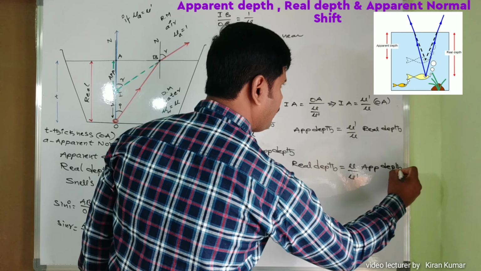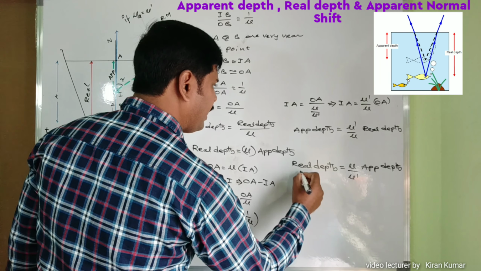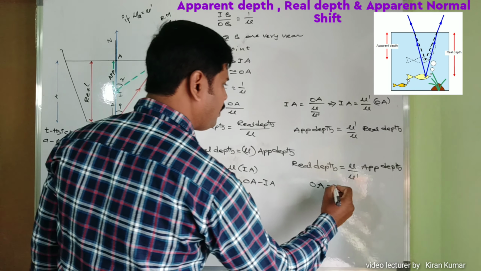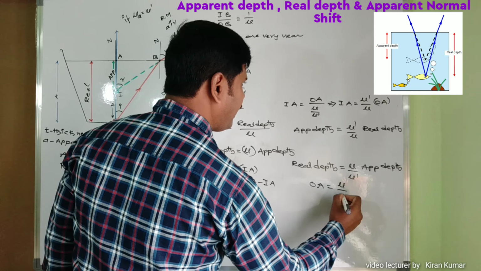So the real depth OA equals mu divided by mu dash into IA.